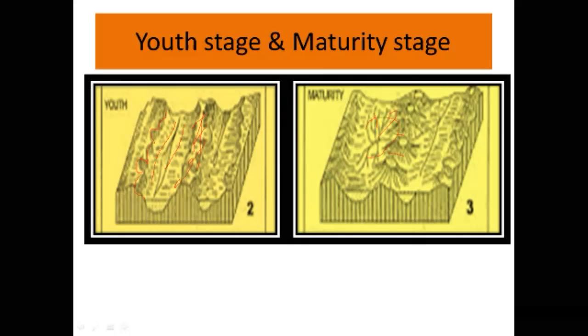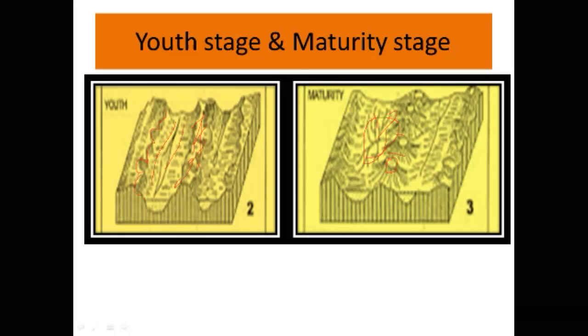The water basins have become larger, and the water divide has also reduced significantly. The recession of water divides has happened here, and the relief has also reduced. The height of these slopes has also reduced. So that's what is happening in the maturity stage.